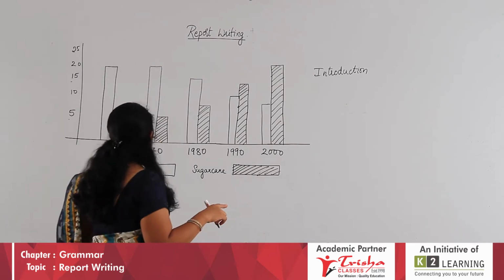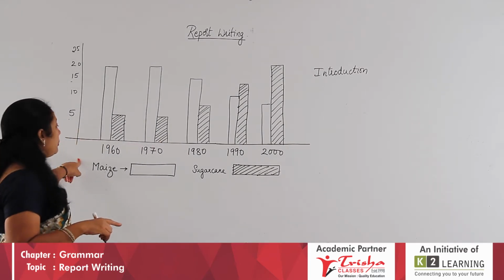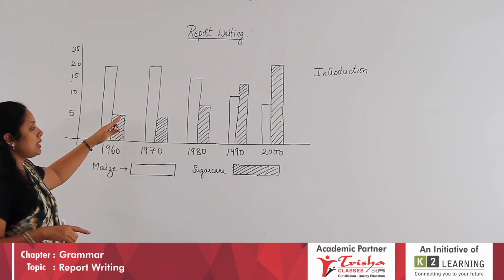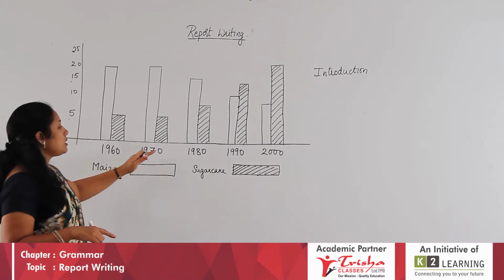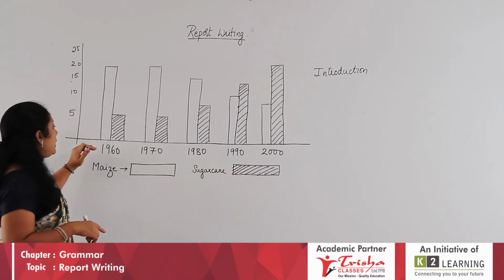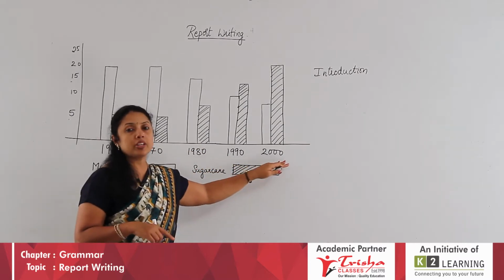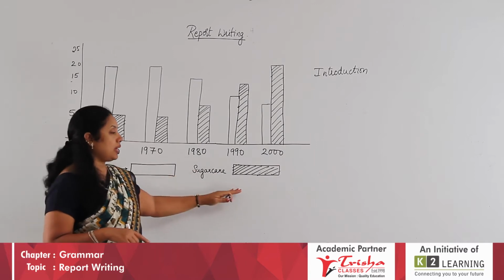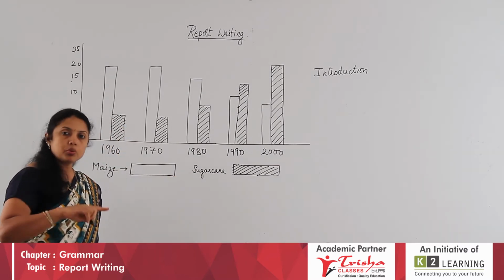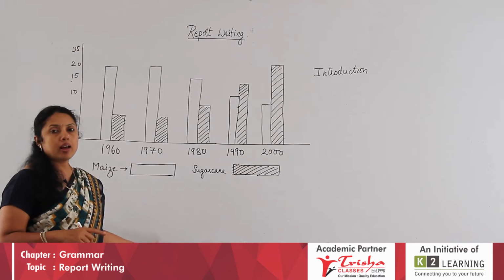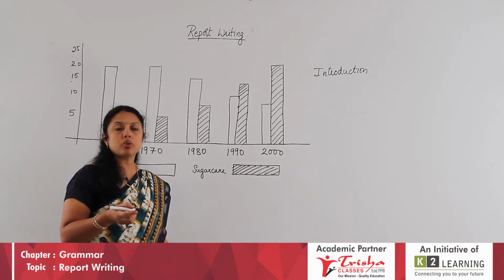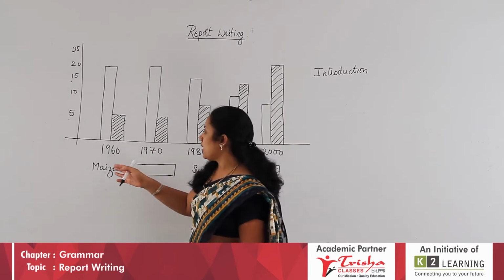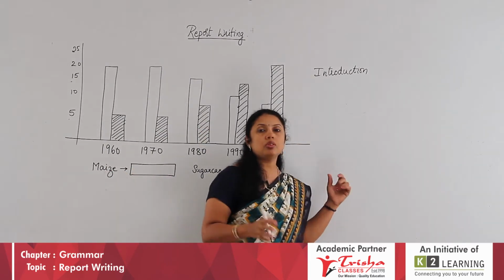For example, this question is about the rise in the production of maize and sugarcane over these 40 to 50 years, from 1960 onwards. What is the difference in the production of maize and sugarcane? So that is the question. Your introduction will be: the graph talks to us about the production of maize and sugarcane from the year 1960 to 2000.